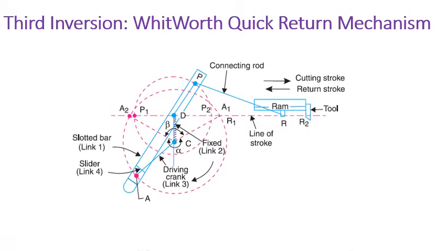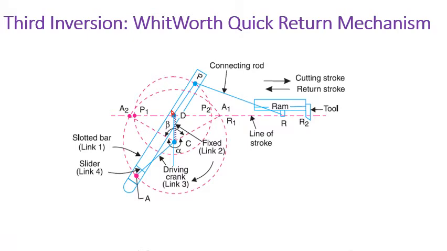This is the slotted link, link number 1, and the slider reciprocates inside this slotted link and causes it to oscillate about the pivot point D. This is the pivot point. So due to the oscillatory motion of this slider, this slotted bar oscillates about the point D.